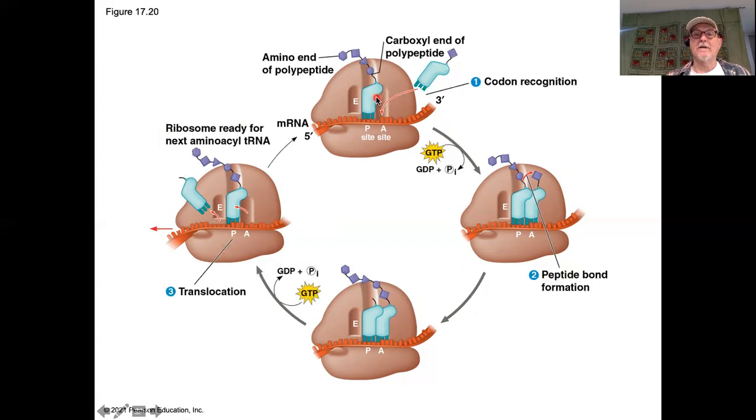We're back to having now a chain in the P site, an empty A site, bring in the new one, etc., on and on for as long as this series of codons says bring in an amino acid, bring in an amino acid, bring in an amino acid.